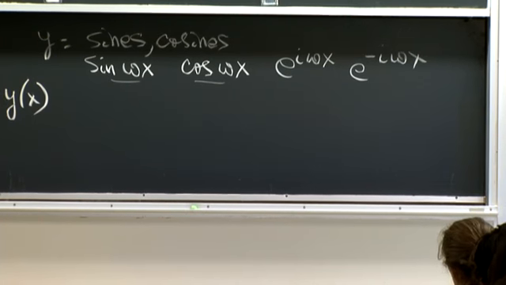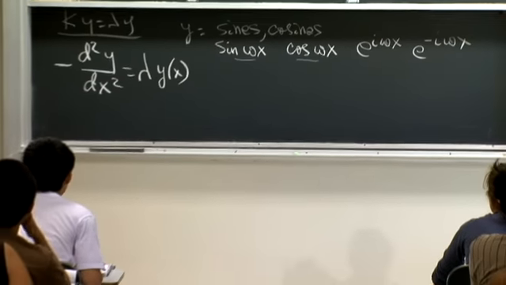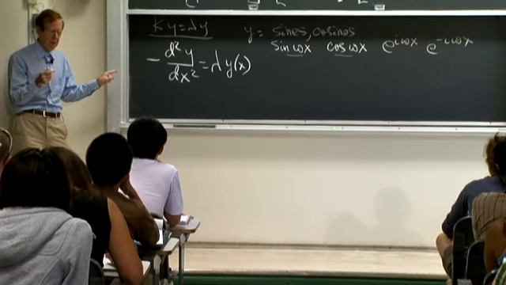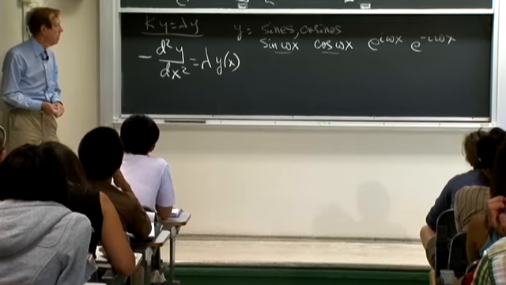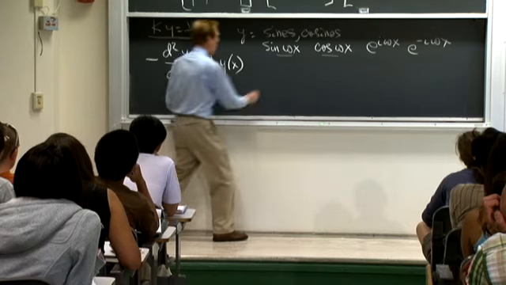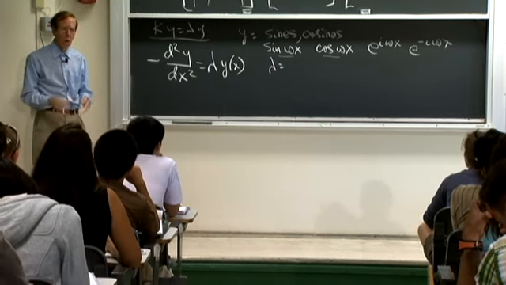For every frequency omega, this solves the equation. And what's the eigenvalue? If you guess the eigenfunction, you get the eigenvalue just by seeing what happens. So what would the eigenvalue be? Omega squared.